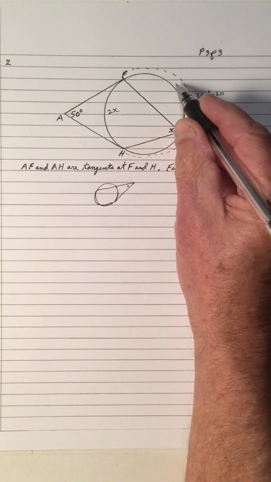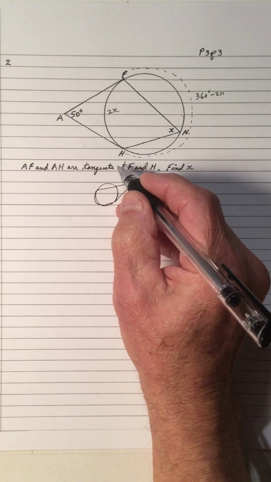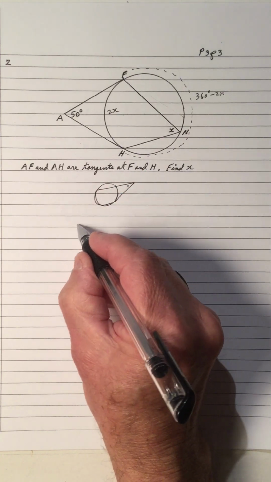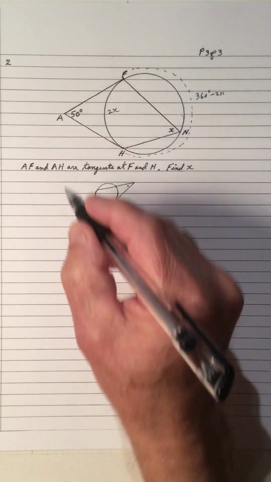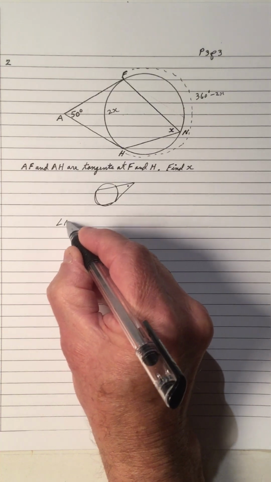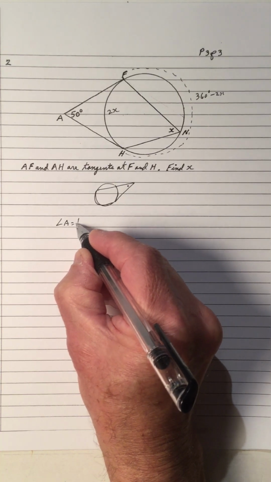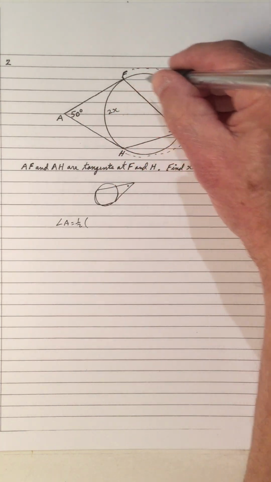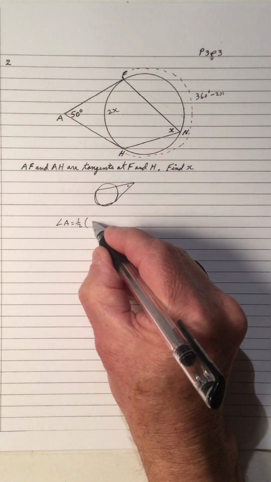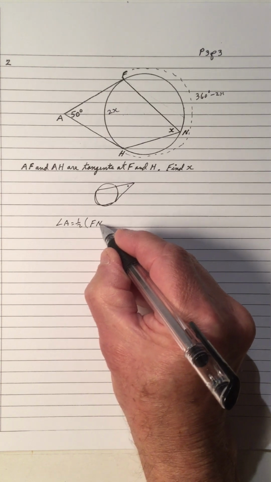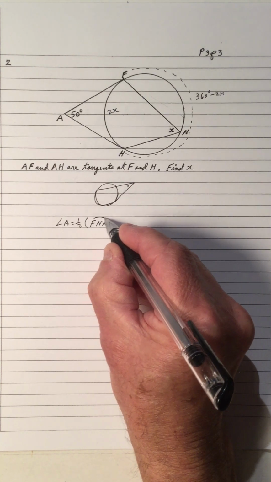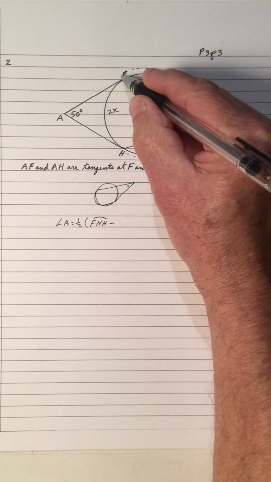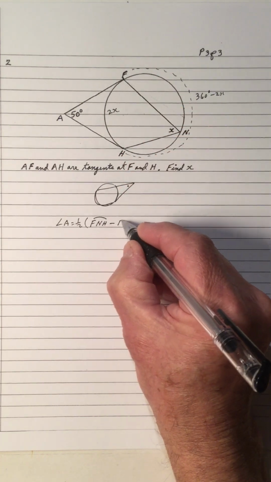So this is similar here. That means that angle A is a half of the arc FH minus the arc FH.